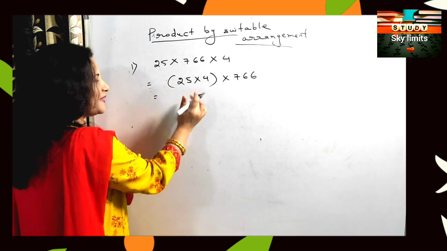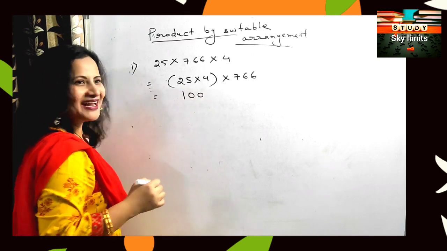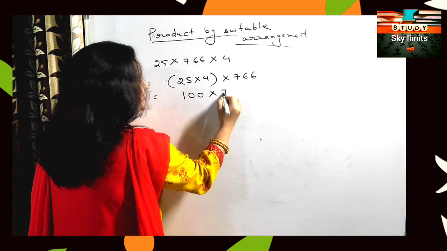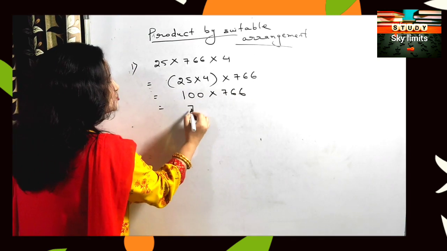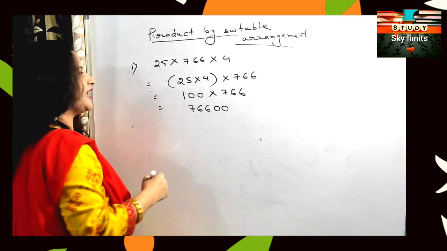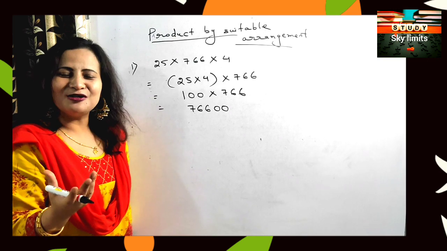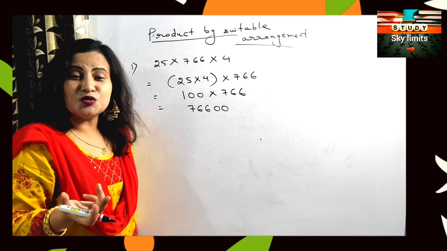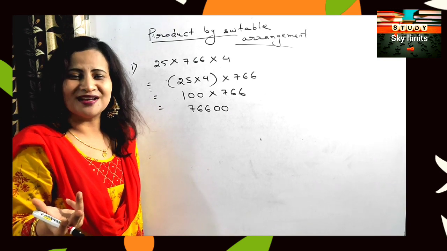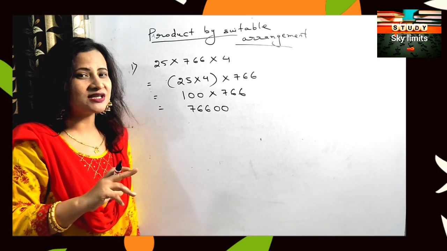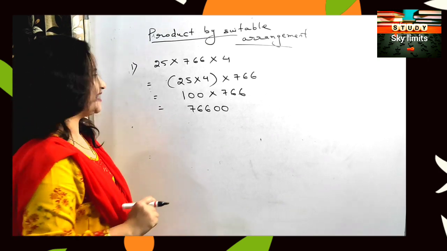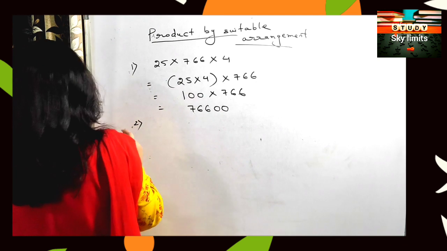So first I will multiply these two. How much will I get? 100. And see, the process becomes so simple that we are easily able to multiply. So we have used which property here? The associative property of multiplication. In the first type of numbers, what we had used? Associative property of addition.